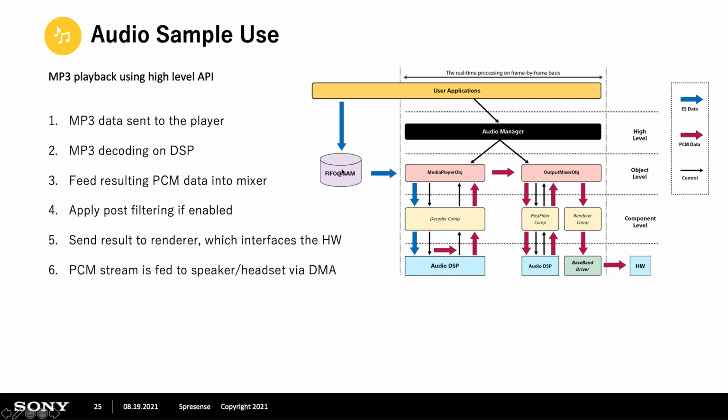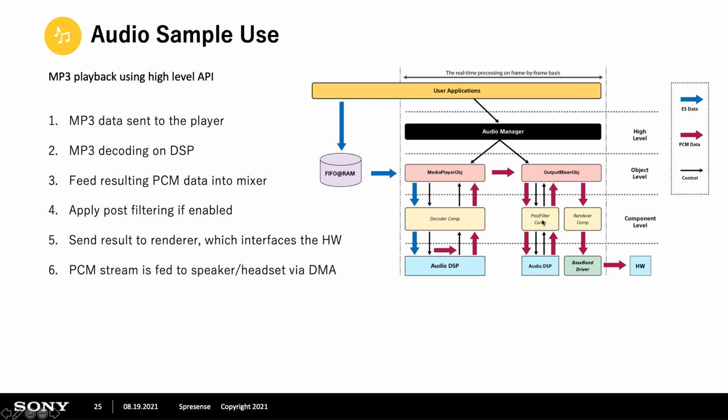So as you see, this section is the media player object, and the other section is the output mixer object. For this one, we use the decoder. So audio goes to the decoder, then it's DSP, then I generate the PCM data. Look at this arrow, so then I have the PCM data, then it goes to the next section for the output mixer object.